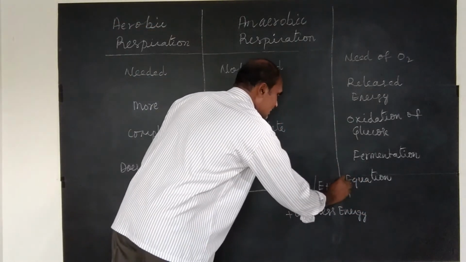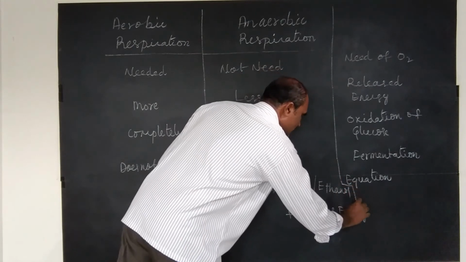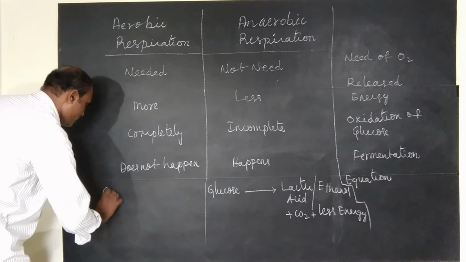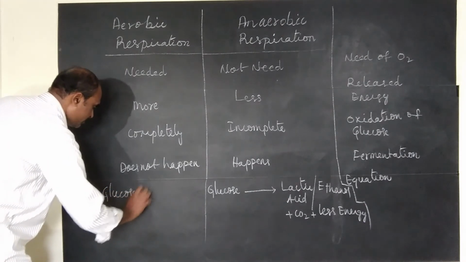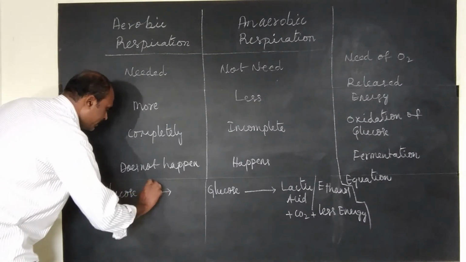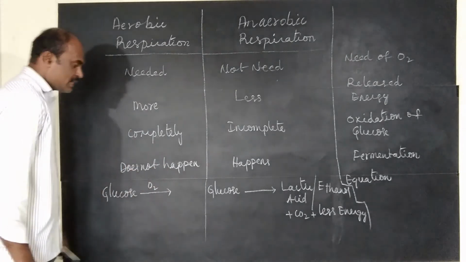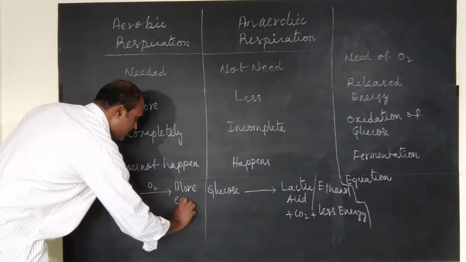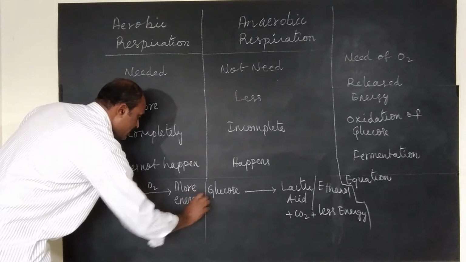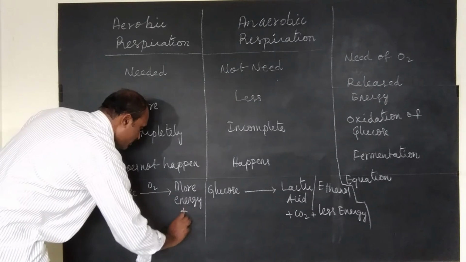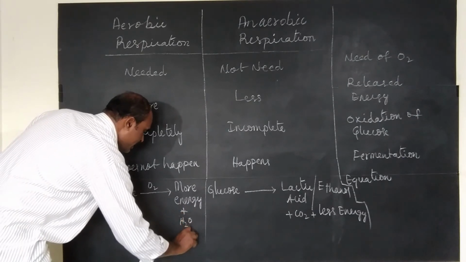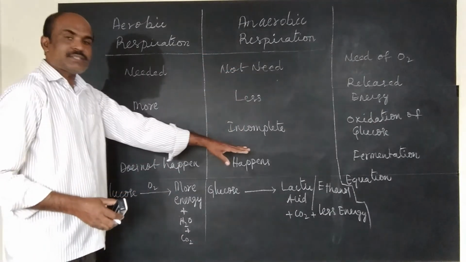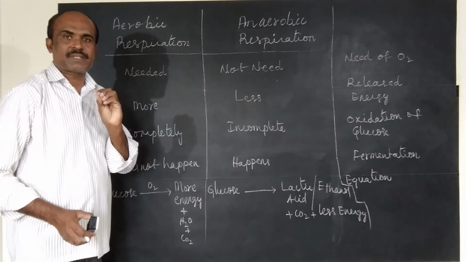Next thing, in aerobic respiration, glucose undergoes complete oxidation in the presence of oxygen. As a result, more energy is released, plus there is release of water and carbon dioxide. So these 5 points you will get 5 marks.